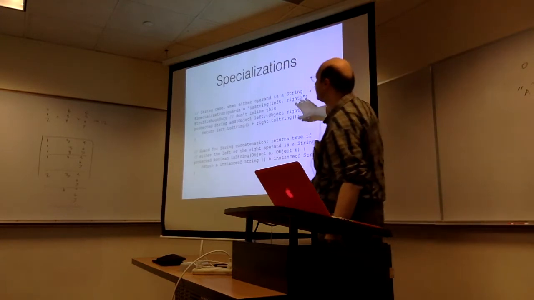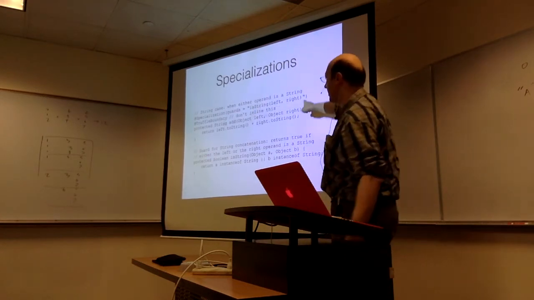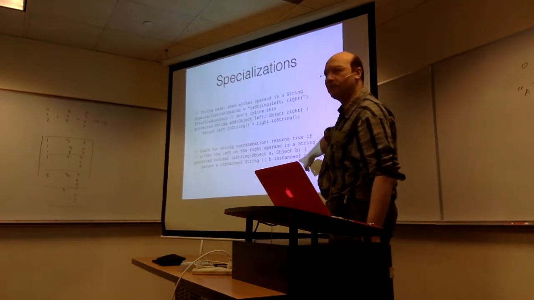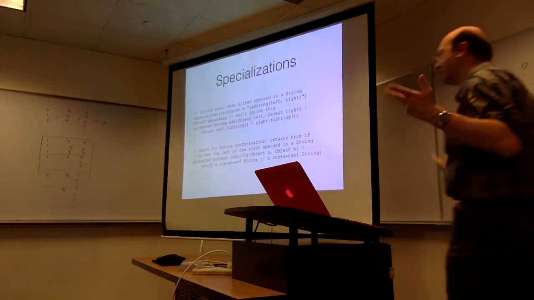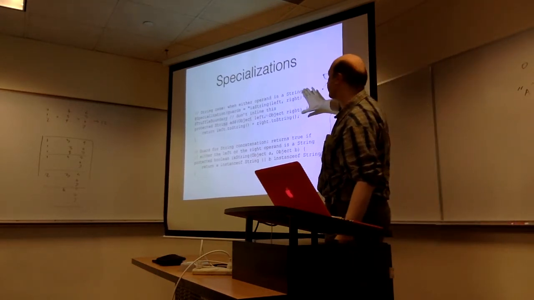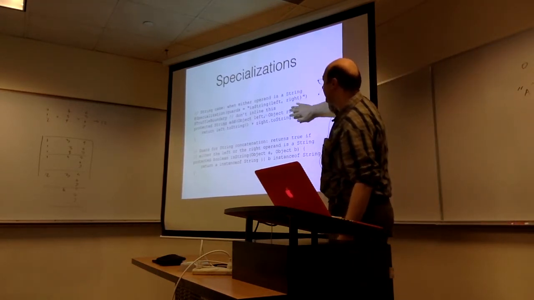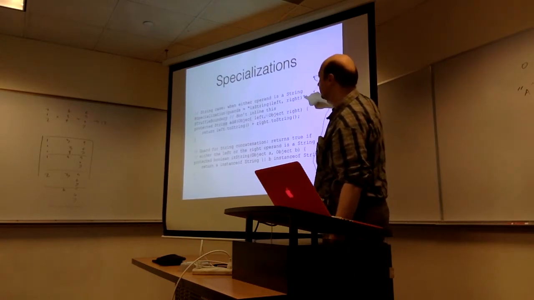So we have to provide our own guard here, which is just a fragment of Java. It says, is one or the other a string? If either of them is a string, this is an eligible specialization. So this method will only get called because this guard has returned true.